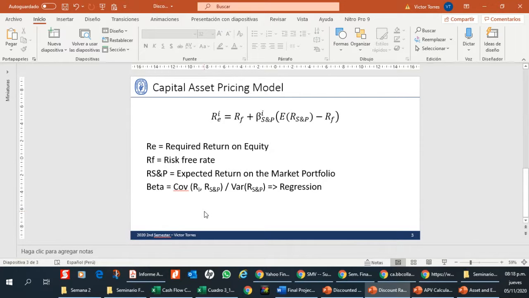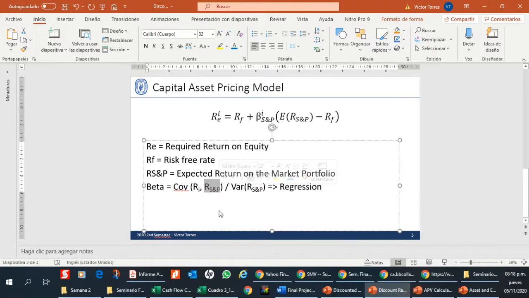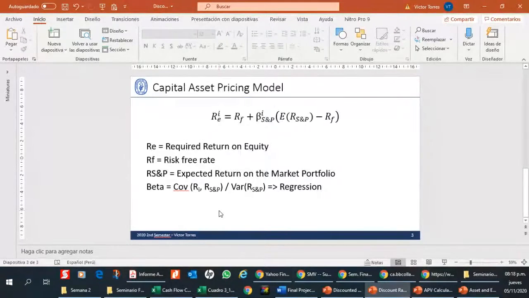And unfortunately, for developing economies, trying to do this regression against the S&P generates several problems. There are several biases and several frictions that prevent a correct estimation of the beta against the S&P.